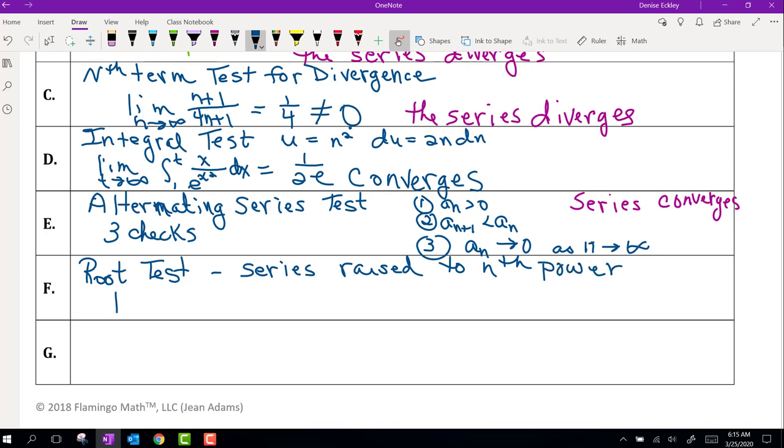So if you take the limit as n approaches infinity of the nth root of n plus 1 over 3n plus 1 to the nth power, and of course that's the absolute value of that, that's going to just equal the limit, the power goes away, of n plus 1 over 3n plus 1, and you can see that's 1/3, which is less than 1, so this converges.